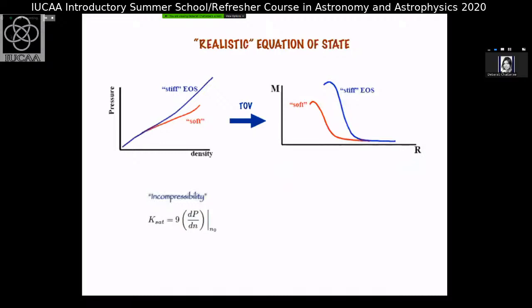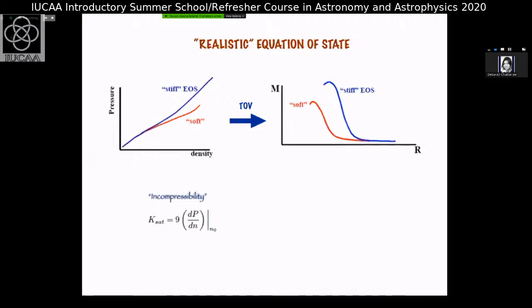This family of equations of state, in contrast with the polytropes, are called realistic equations of state because they deal with realistic nucleon-nucleon interactions. One interesting feature of such equations of state is that the pressure-density relationship can vary, and the slope of this curve tells us a lot about the interaction.